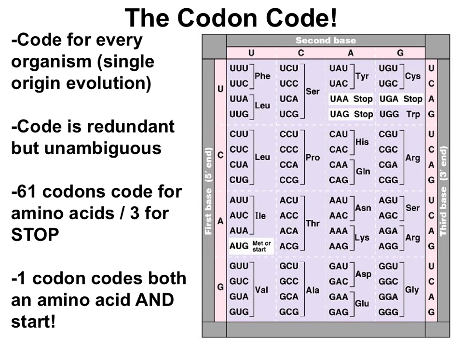This means that there's no confusion. UUC is always phenylalanine. If you look at all the possibilities, you'll see that 61 of the 64 codons code for amino acids, and 3 of the codons are stop codons. Also, you'll notice that one of the codons, AUG, is a start codon and also codes for the amino acid methionine.